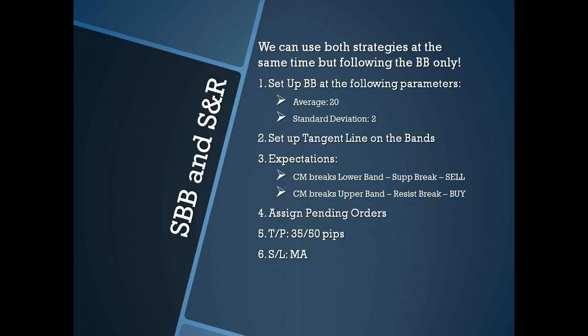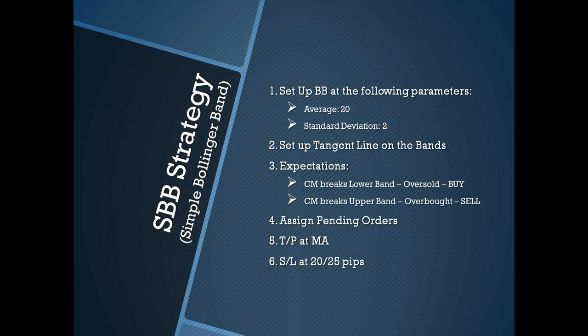Also, what we need to do is set up a tangent line on the bands. I'll explain later on a live market on my personal platform how to set up our bands. And then we will have our expectation.